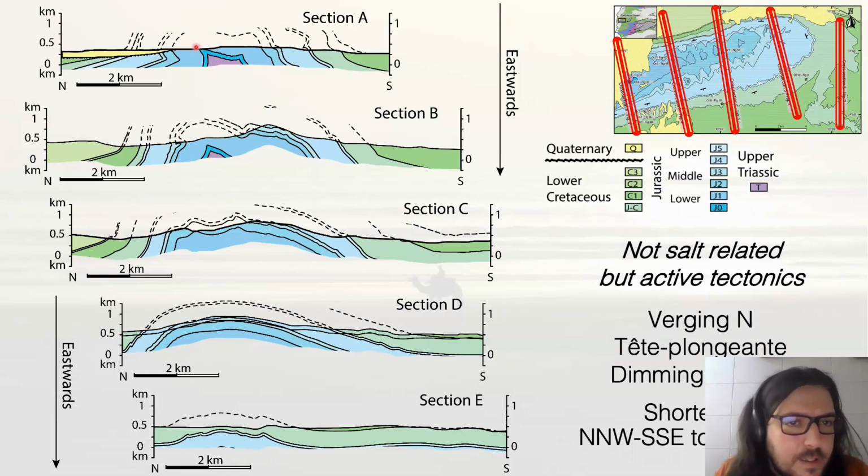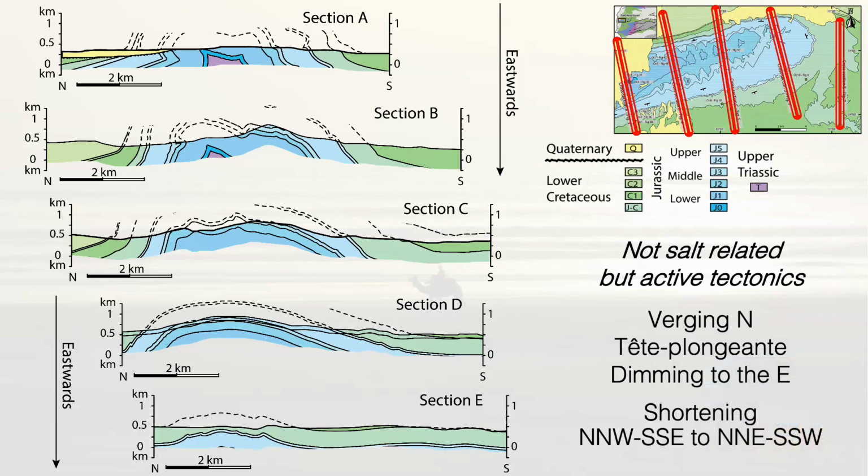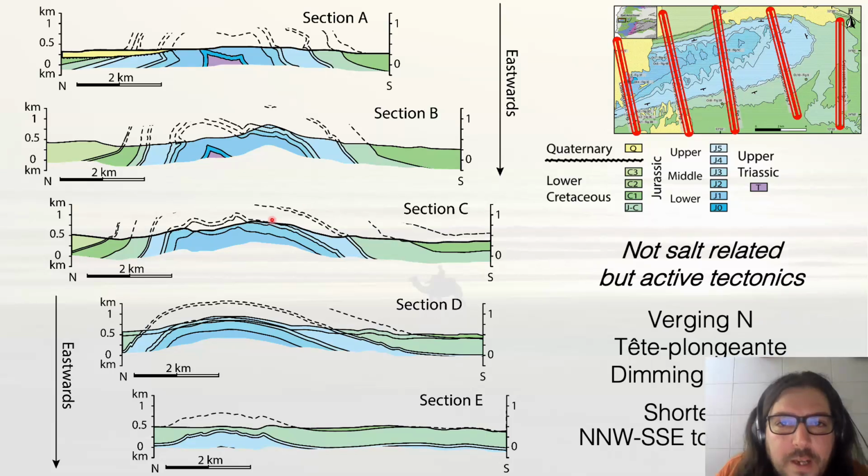And in these sections, strain markers are numerous and layers often change dip direction over short horizontal distances. Now, if we move to the eastern profiles, they show a more open structure, a smoothly asymmetrical anticline, with less clear north vergence.